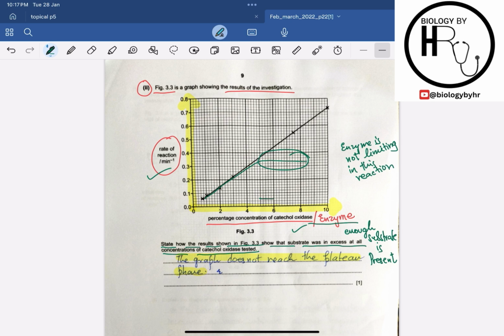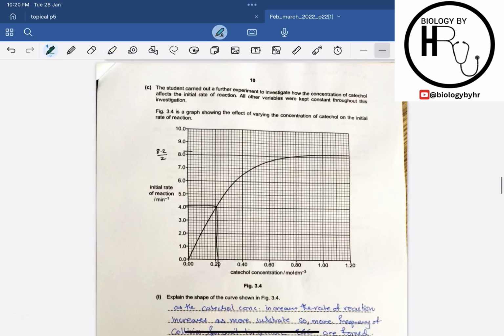Because as the concentration of the enzyme is increasing, the rate of reaction is staying constant, which indicates that the enzyme is not limiting but some other factor, for example the substrate as said in the question, is limiting, right? I hope that this is clear to all of you.